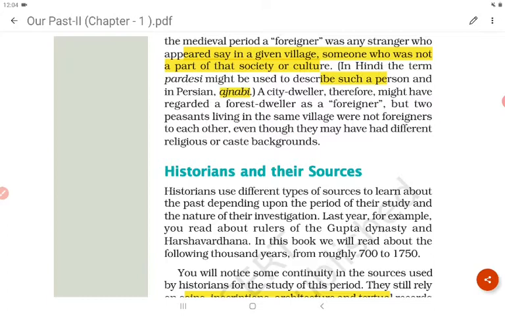In Hindi, the term Pardesi might be used to describe such a person, and in Persian, we use Ajnabi. A city dweller, therefore, might have regarded a forest dweller as a foreigner, but two peasants living in the same village were not foreigners to each other, even though they may have had different religious or caste backgrounds.